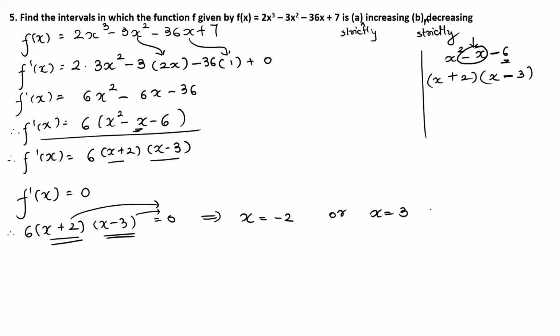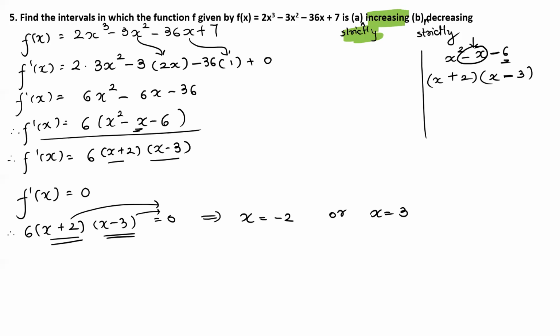I would have 2 values of x. Again, we'll go to our funda. What we have to do, we want to find out where this function is strictly increasing. The very first thing we want is to find the interval where the function is strictly increasing.